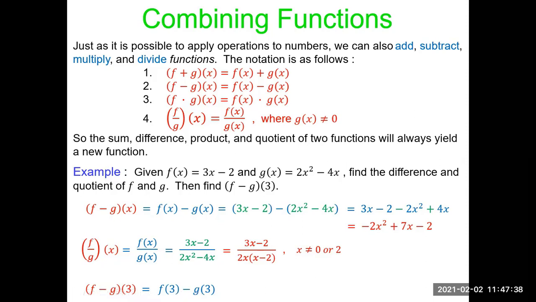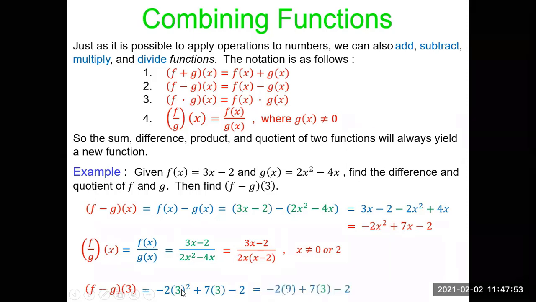But it turns out that because we've already found f minus g of x is this new trinomial, we could actually just replace x in this new function, f minus g of x, with 3 and simplify.